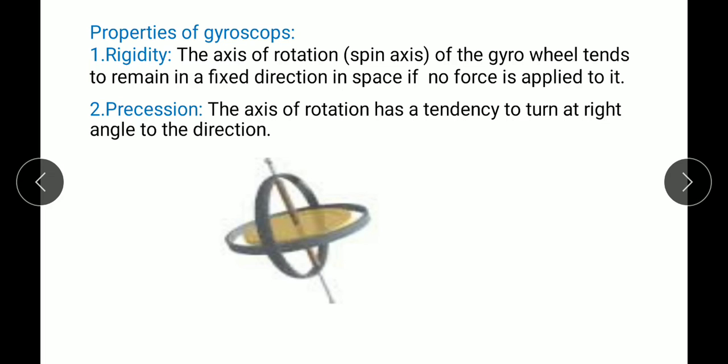So a rigid body means the axis of rotation of the gyroscopic wheel tends to remain in a fixed direction in space if no force is applied on it.